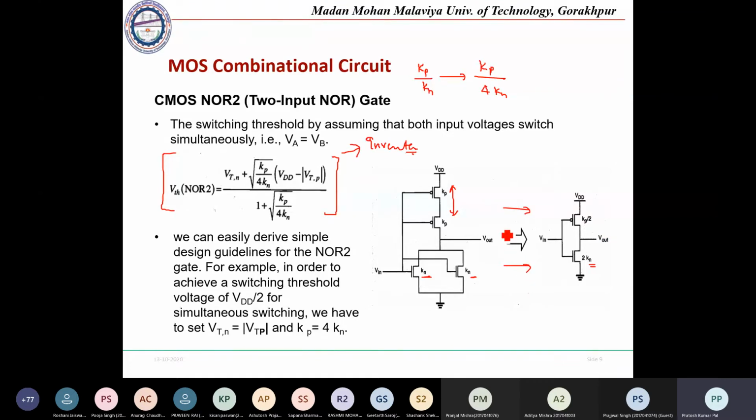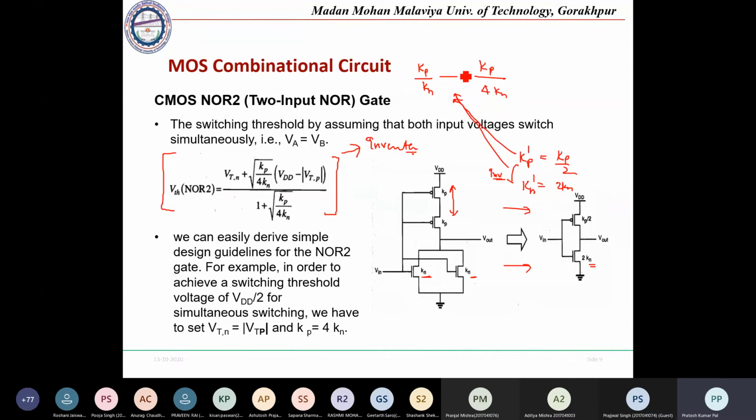This conversion is easy. Whatever circuit is there, we can convert it into an equivalent inverter case. Once we have it converted into the form of an inverter, whatever inverter formula is there, we will replace it. Suppose the inverter has Kp, that Kp will be replaced by Kp by 2, and the Kn value of the inverter will be replaced by 2Kn.